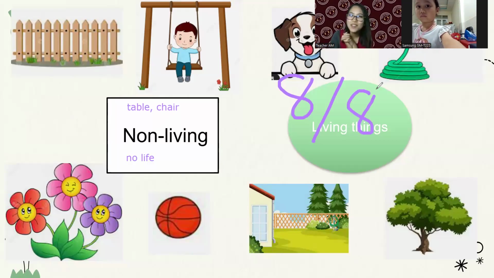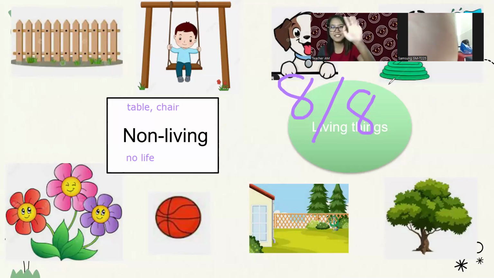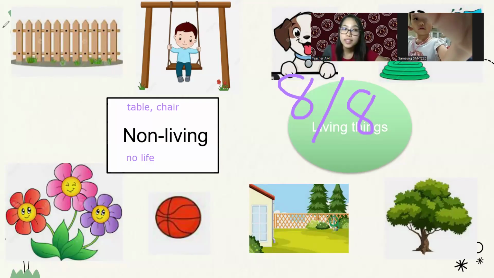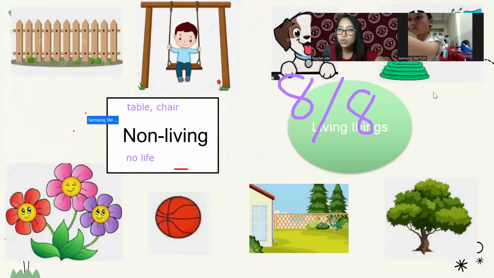Well done. That is a great start. Amy, can you give me a high five? High five. Okay, so for this, I'm gonna give you 8 stars. 1, 2, 3, 4, 5, 6, 7, 8. That's a lot of stars for you.